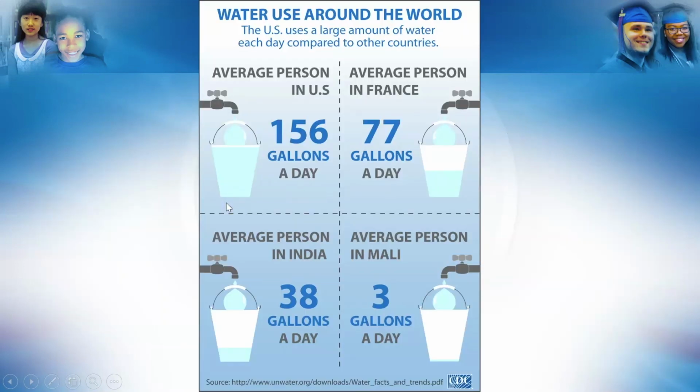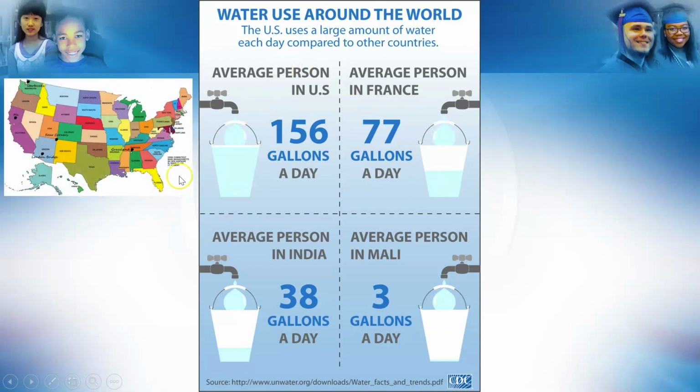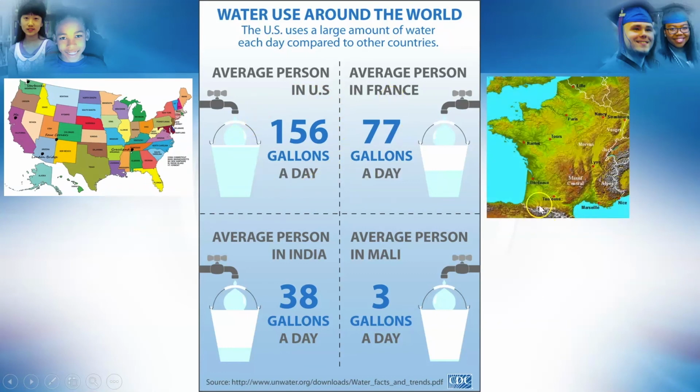So let's have a look at this infographic. This tells us about water use around the world. So in the United States, and here we are in Maryland, but in the whole of the United States, an average person uses 156 gallons of water a day. In France, France is a country in Europe, people use on average 77 gallons of water a day.